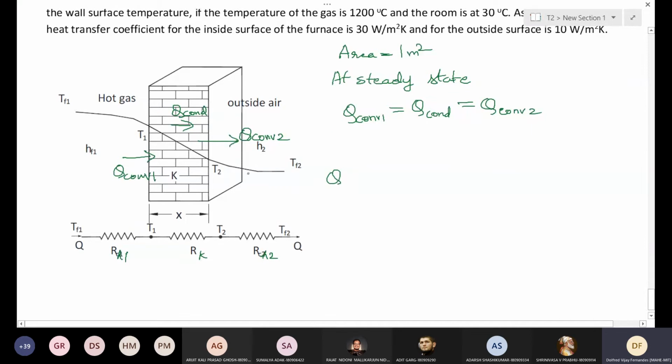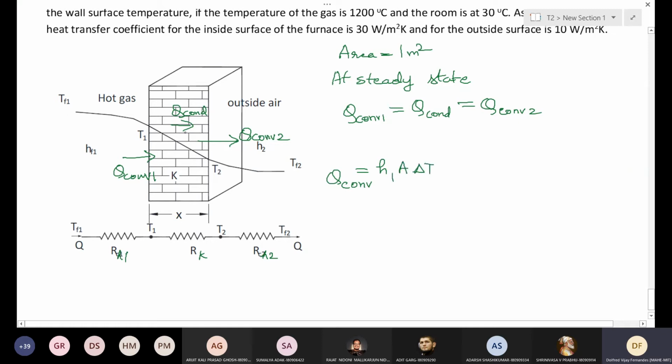Q convection 1 equals H1 A delta T here.